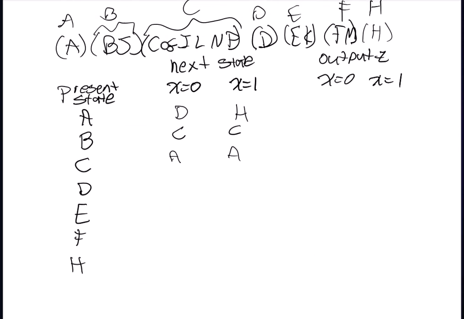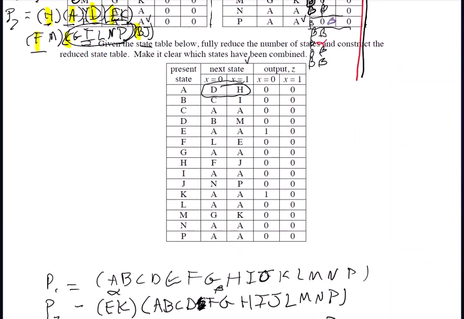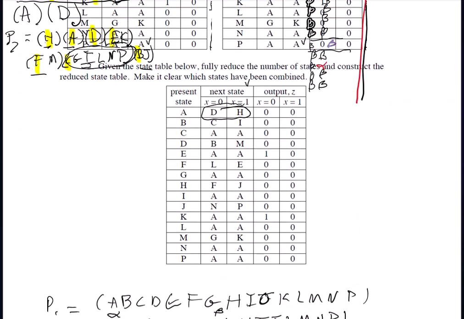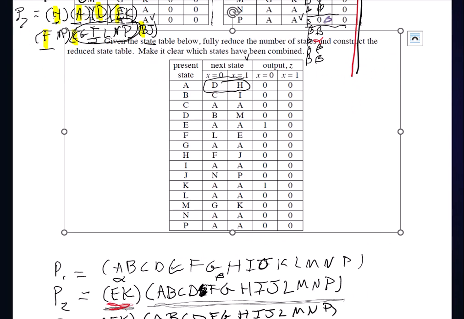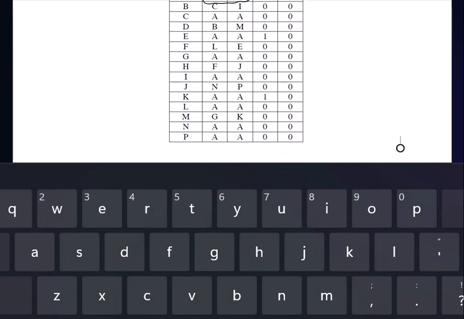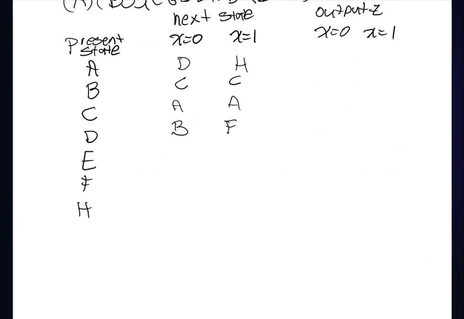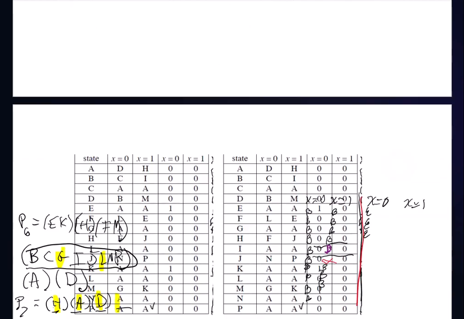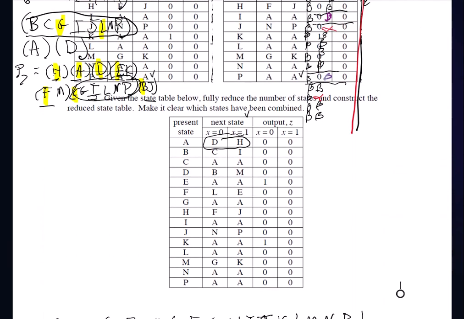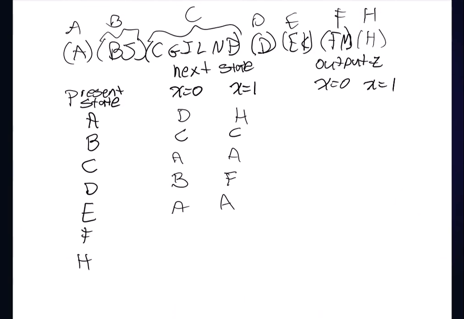Okay, well B, that's our label up here, so that's B. And then M is in our partition that we called F. E, A, F is LE, so let's see what those are.